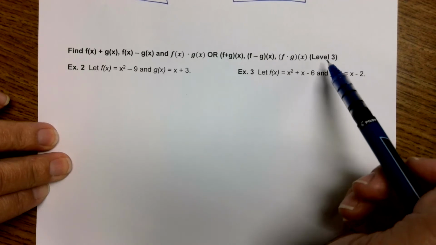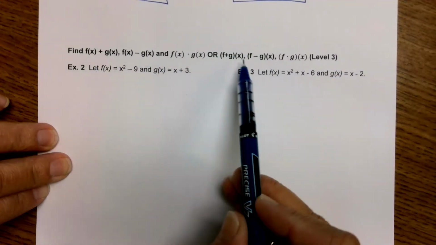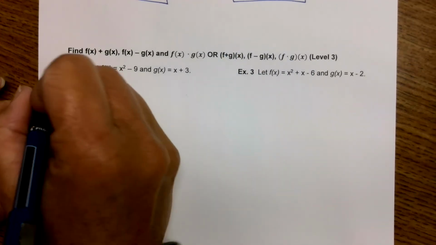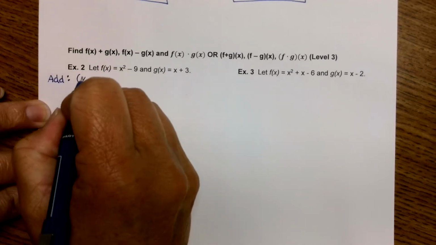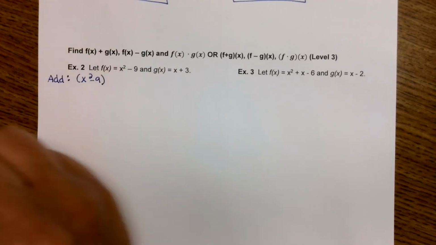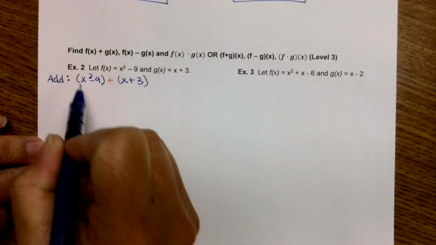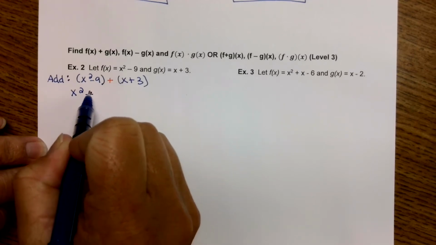To get a level 3, you have to be able to do addition, subtraction, and multiplication. And again, this is just another way that can be written. So let's look at addition. We're going to take x squared minus 9, and we're going to add that to x plus 3. There's no other x squareds. There's no other x's.